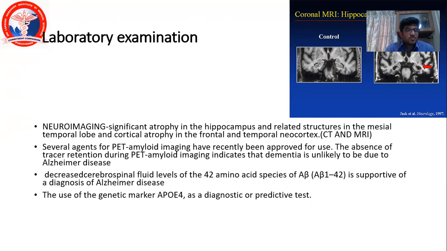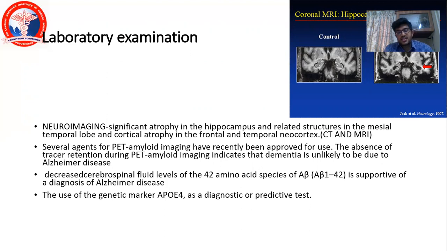Several agents for PET scanning amyloid imaging have recently been approved for use. The absence of tracer retention during PET amyloid imaging indicates that dementia is unlikely to be due to Alzheimer's disease. And also a decrease in CSF levels of A beta is supportive of the diagnosis of Alzheimer's disease.